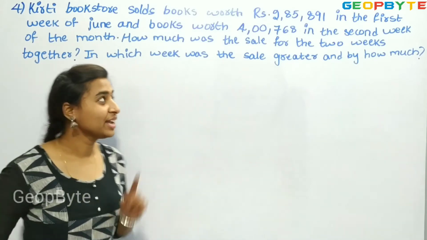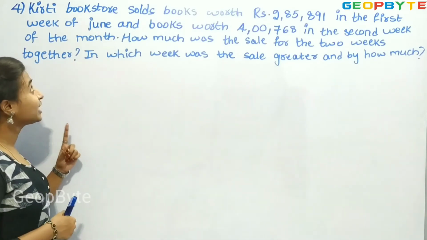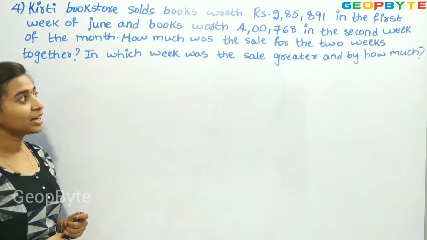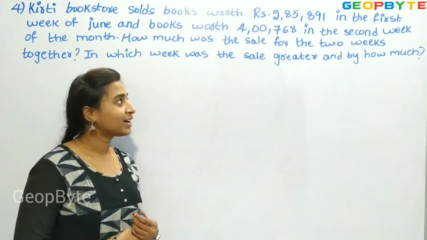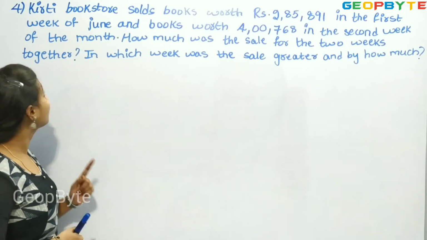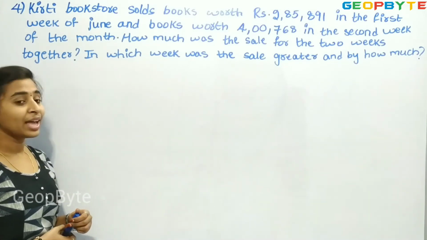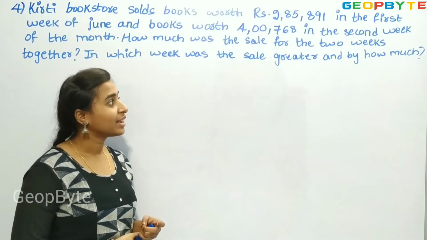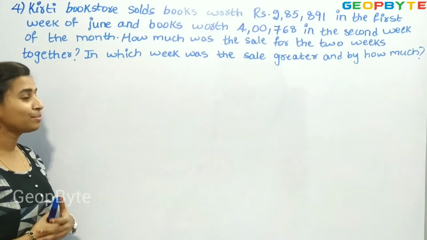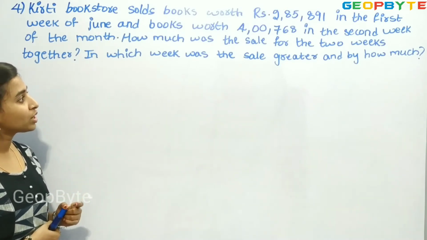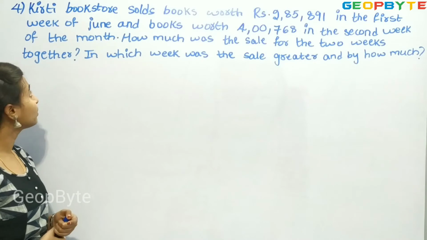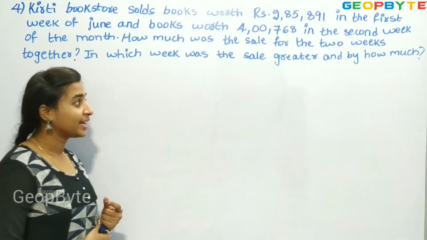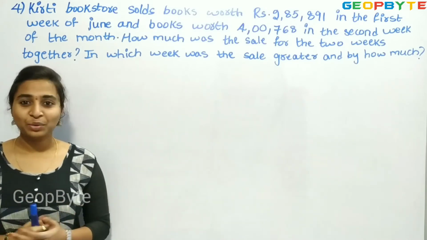Now, let us see the fourth question. Kirti Bookstore sells books worth rupees 2,85,891 in the first week of June and books worth 4,768,000 in the second week of the month. How much was the sale for the 2 weeks together? In which week was the sale greater and by how much?